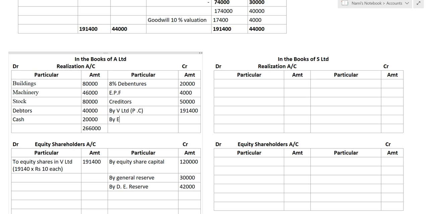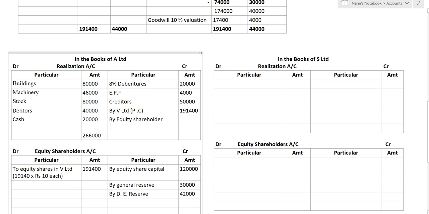So 'By equity shareholders, loss on realization', the loss is 600 rupees. Now we will see that it is tallying.